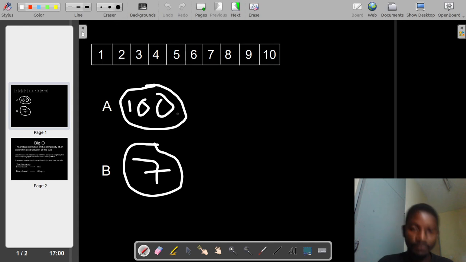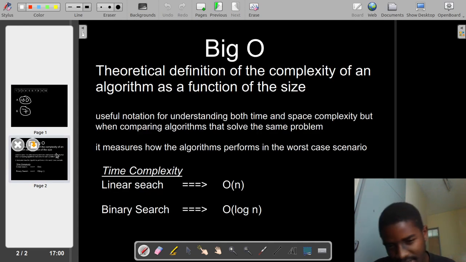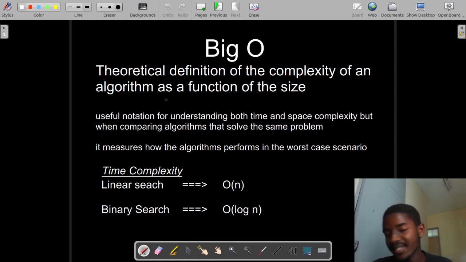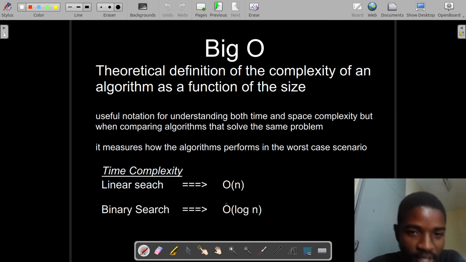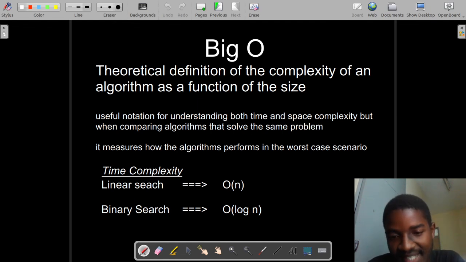So to make things simple, linear search in terms of time complexity, in big O notation, we can simply say it takes O of n. That is the worst case scenario. But for binary search, we can say it takes O of log n.